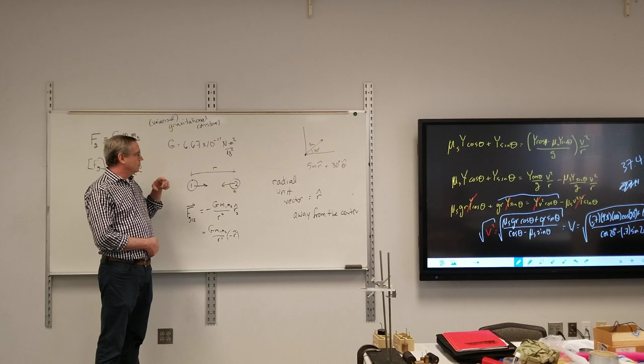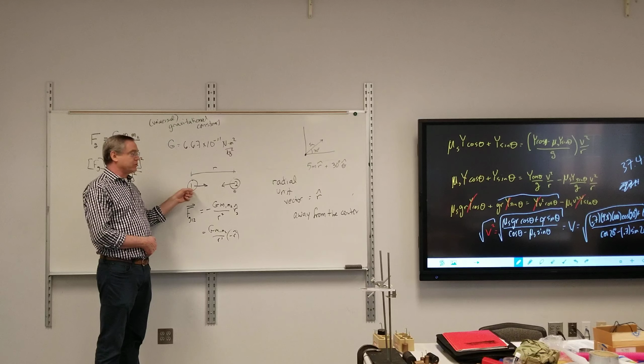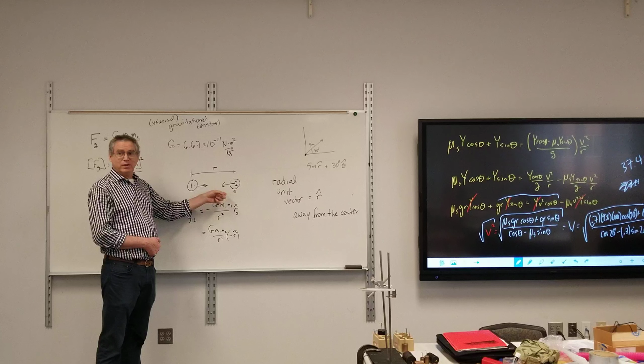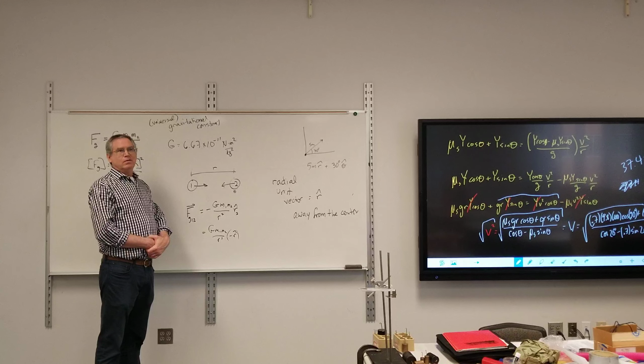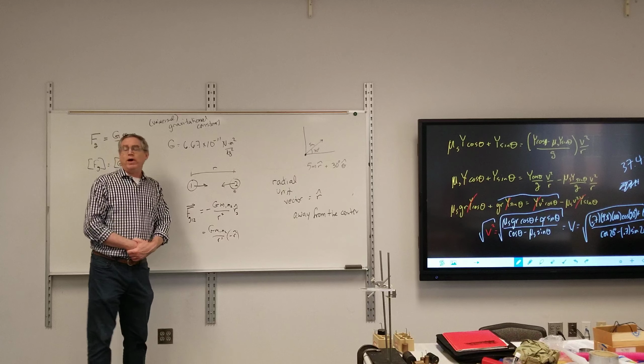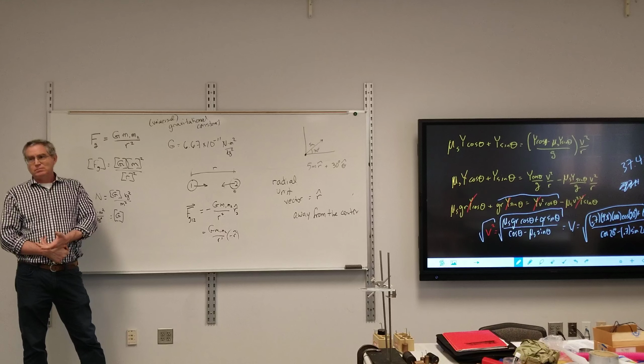Does that make sense? So you're saying it's away from the center of 1? Yeah, the force that's on 1 is away from the center of 1, so that makes it seem like the r hat would be positive. So it's in respect to the mass, if you're doing it away from the center of 1.